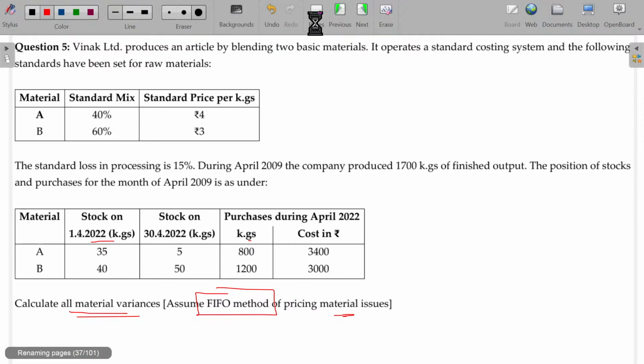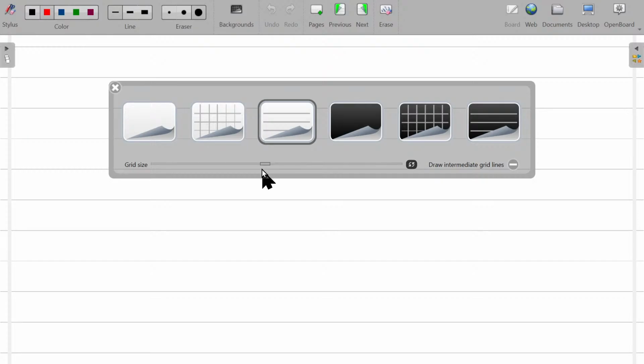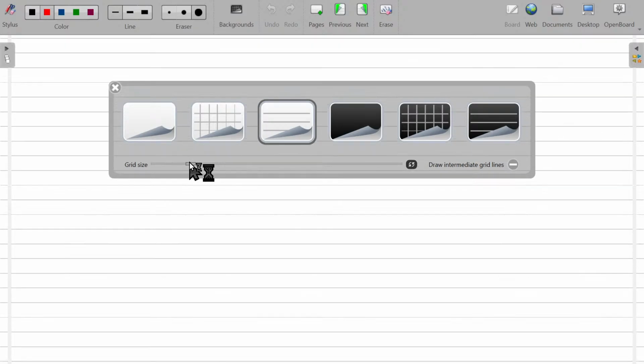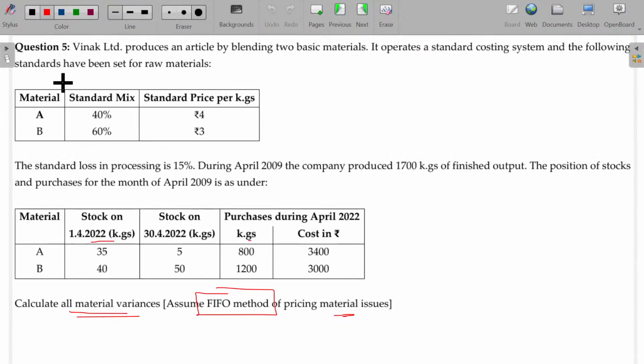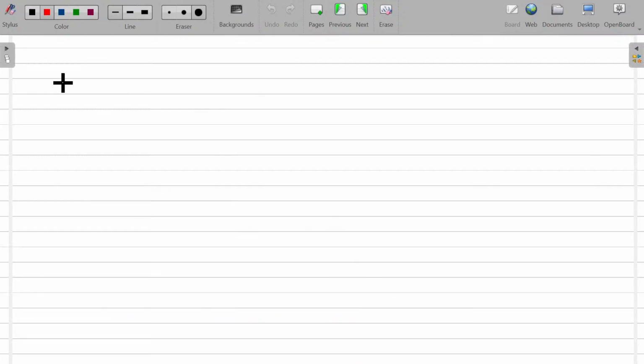Let's see. First, I'll frame the table here. We have 2 varieties of material, A and B. For material A, for material B, and total input, loss, and you'll get the output.